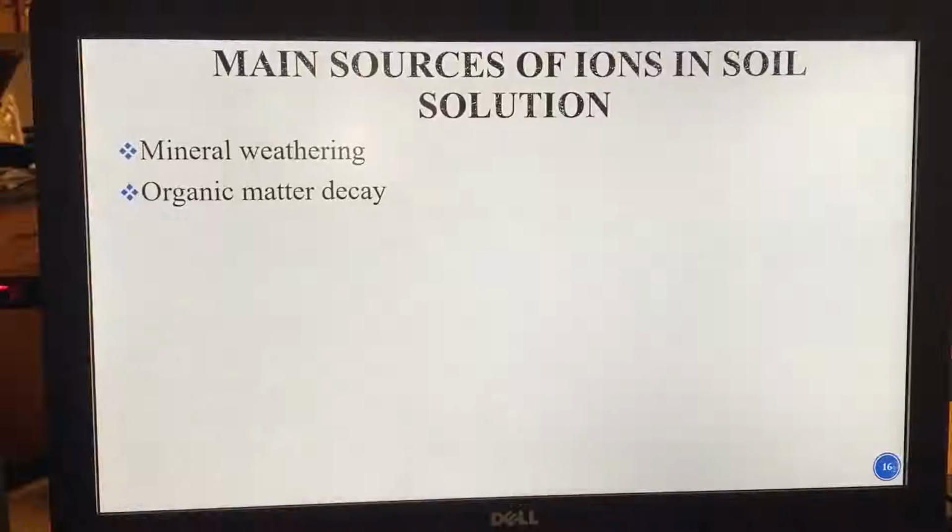Organic matter decay. Plants have organic matter. Ants, deer, anything living, organic matter decay. Nowadays, rain is a source of ions, right?